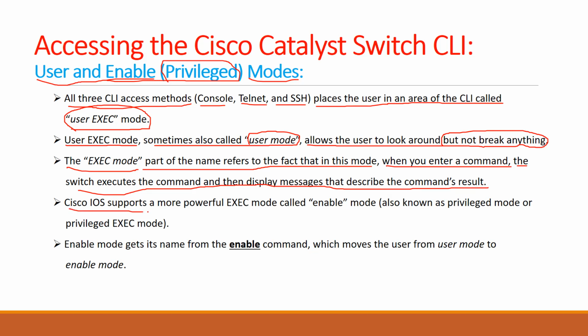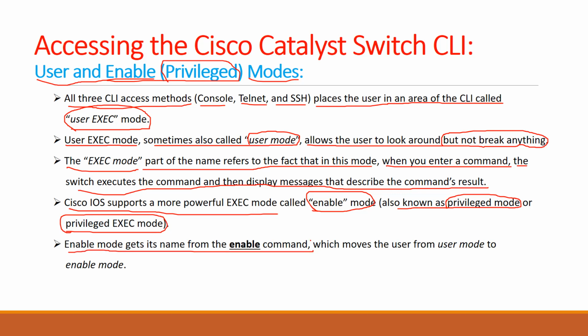Cisco IOS supports a more powerful execution mode called enable mode, also known as privileged mode or privileged execution mode. The enable mode gets its name from the enable command, which moves the user from the user mode to the enable mode.